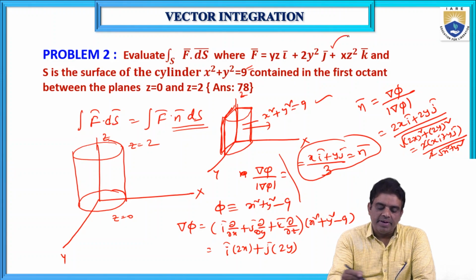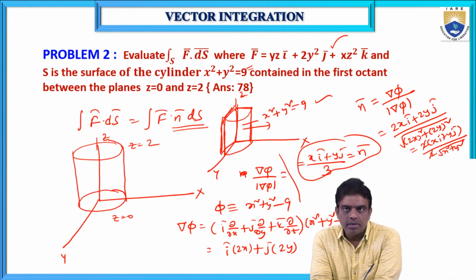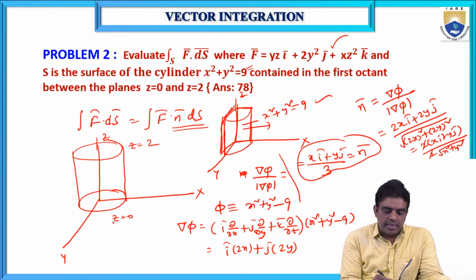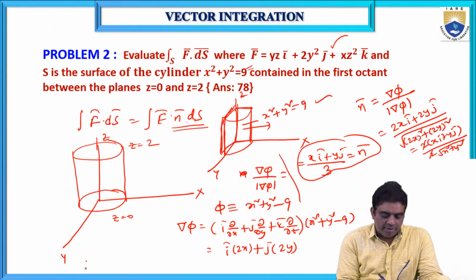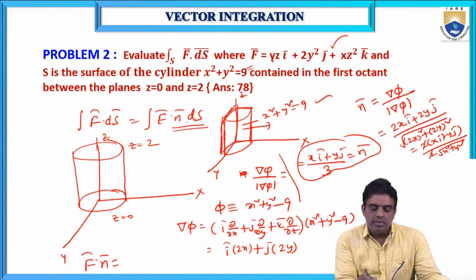And f bar is given as yz i bar plus 2y square j bar plus xz square k bar. So we know n bar and f bar. Then what is the double integral? We can calculate f bar dot n bar by making the dot product. The first term is xyz by 3.